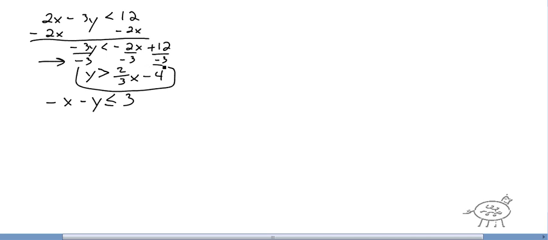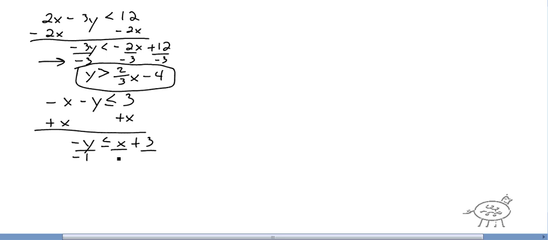So this is our first equation. And let's do the other equation. We're going to add x to both sides. So you get negative y is less than or equal to x plus 3. Divide by negative 1. Again we divided by a negative. So y is greater than or equal to negative x minus 3.